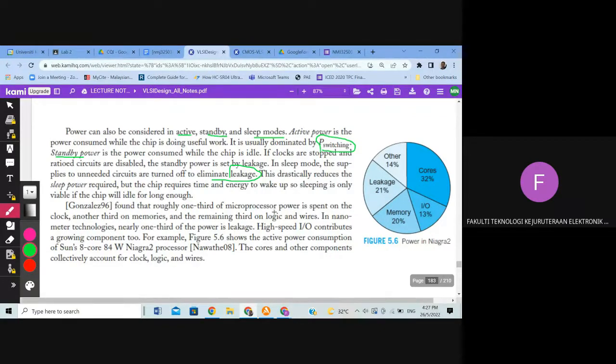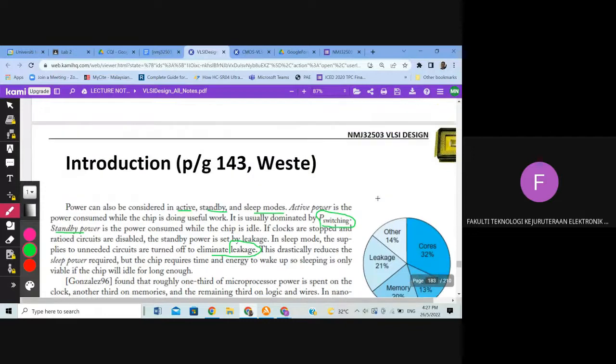We have a transistor here, for example, a PMOS and NMOS transistor forming an inverter. This is your VDD, then this is your ground. This is your input.